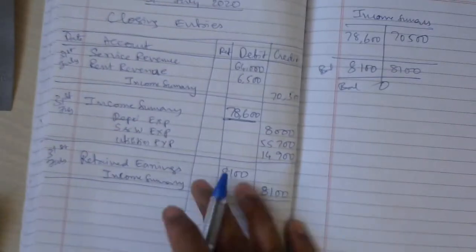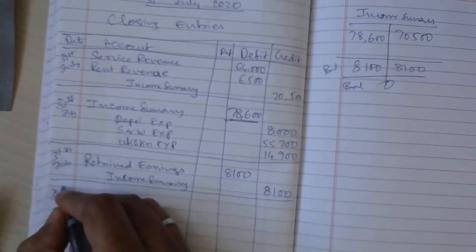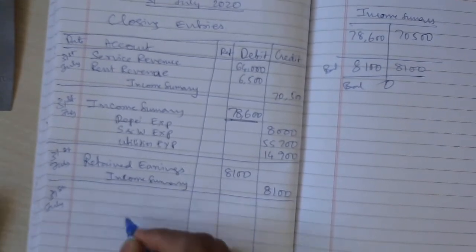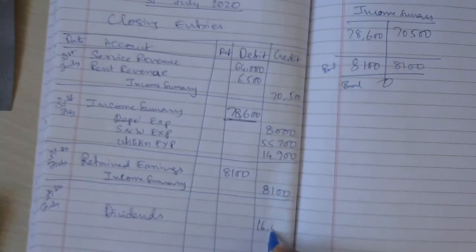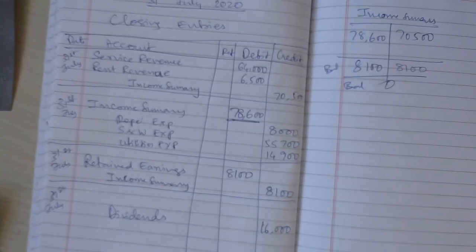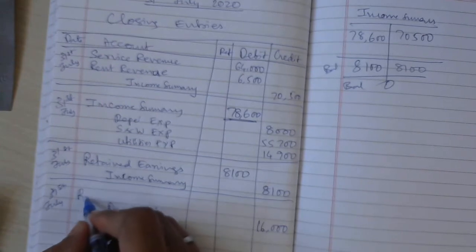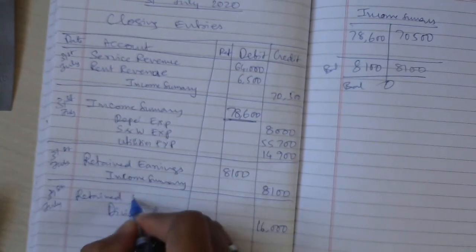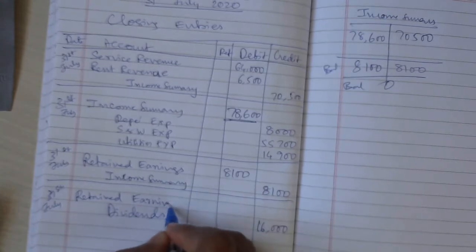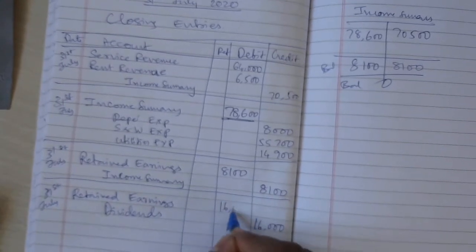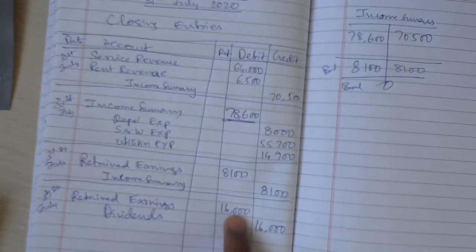So I'll go for 31st July again, write dividends, and make a credit of 16,000. Here I will say retained earnings, because dividend has to be reconciled with the retained earnings. So the same 16,000 will be under the debit balance.